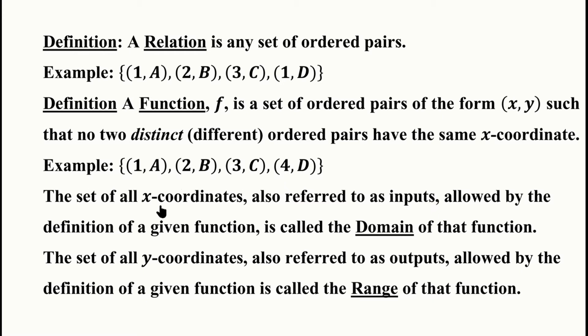The set of all of the x coordinates that are involved in the definition of a function, which are also called inputs, is called the domain of the function, and the set of all the outputs, or the y coordinates, or the second coordinates, is called the range of the function.